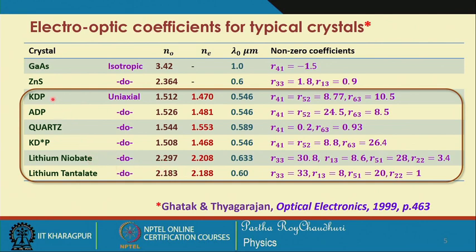We can look at the refractive index properties, ordinary refractive index and extraordinary refractive index, at the operating wavelength 0.456 micrometer. R 41 and R 52 are equal in the case of KDP and also in the case of ADP, and these values are this times 10 to the power of minus 12 meter per volt, or picometer per volt, and R 63 is 10.5. So, these values we will use to calculate the birefringence and retardation.